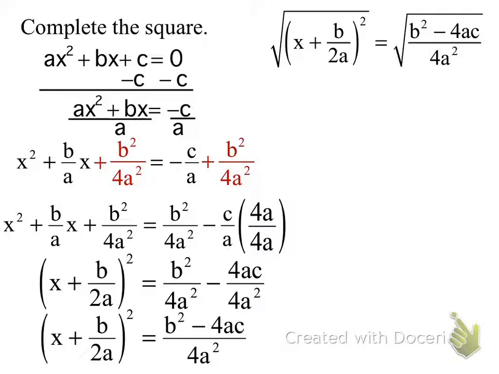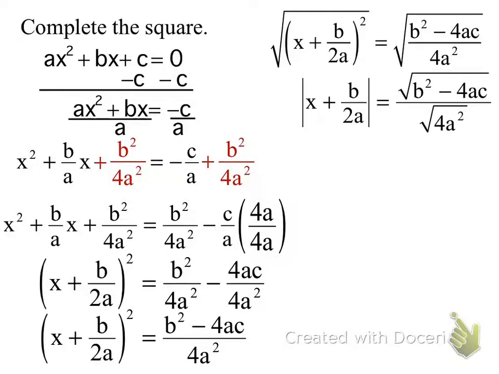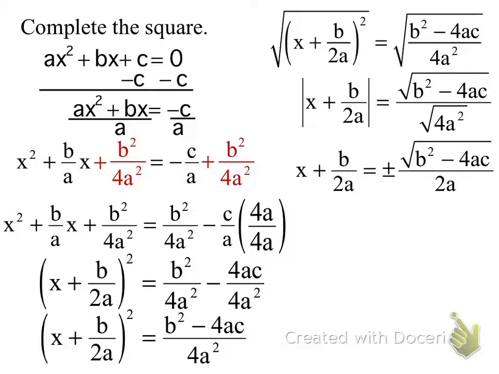And on the right side, we put each part under the radical. The top, can we take a square root of the top? No. Okay, and what about the bottom? Becomes 2A. What's the next step? We subtract B over 2A from both sides. Okay.